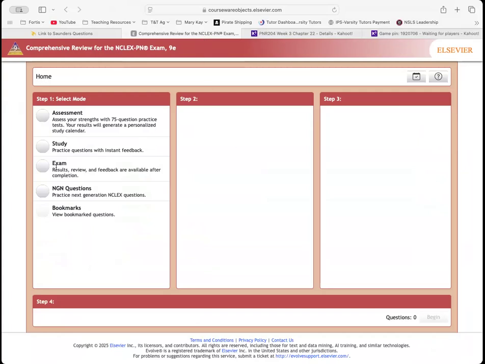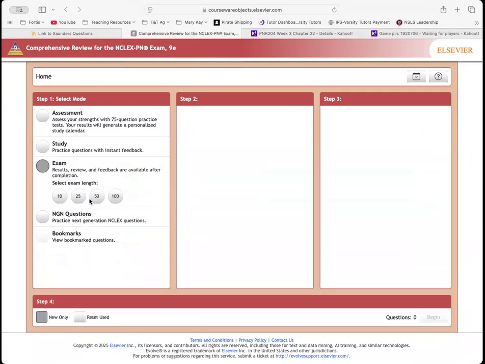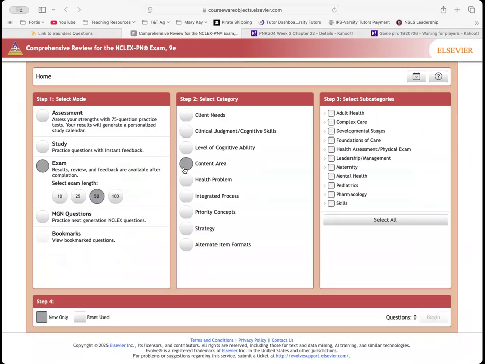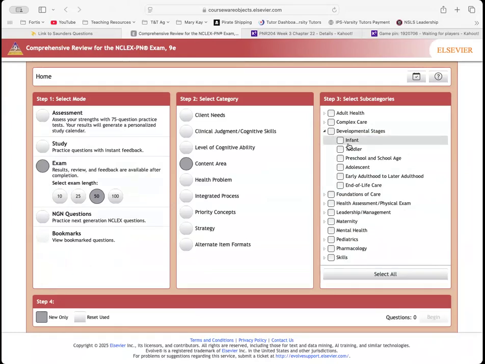You're going to ask for an exam, you're going to ask for 50 questions, and you are choosing your content area. For this one, we're looking at developmental stages. The rest of them will be in the pediatric section. We're going to click the little triangle next to it to drop down the categories, and we have to do all of the different age groups that we've talked about in class: infant, toddler, preschool, school age, and adolescent.